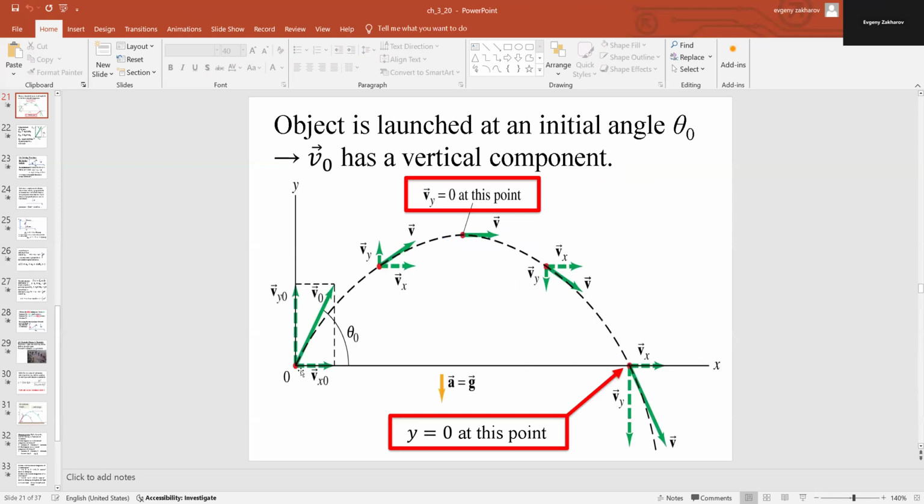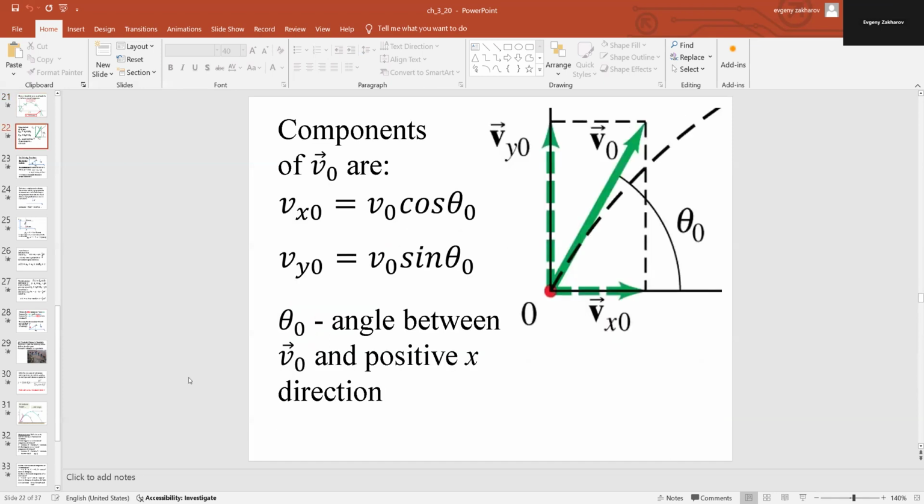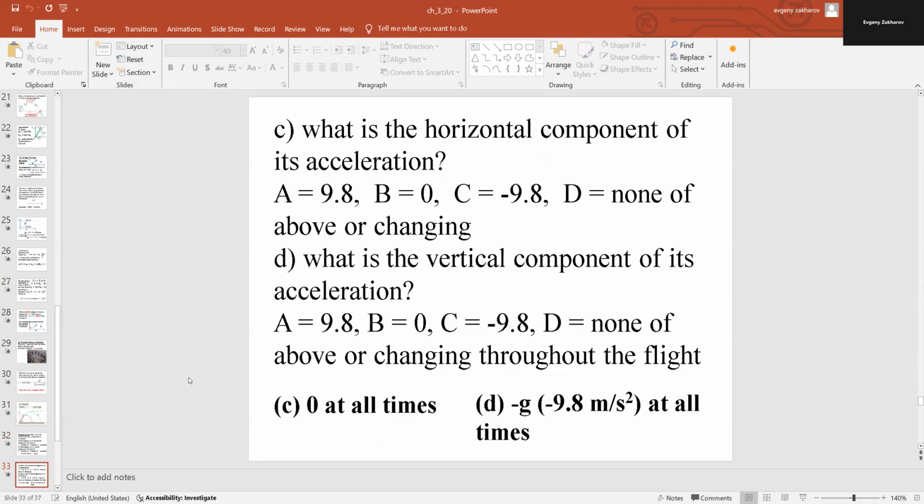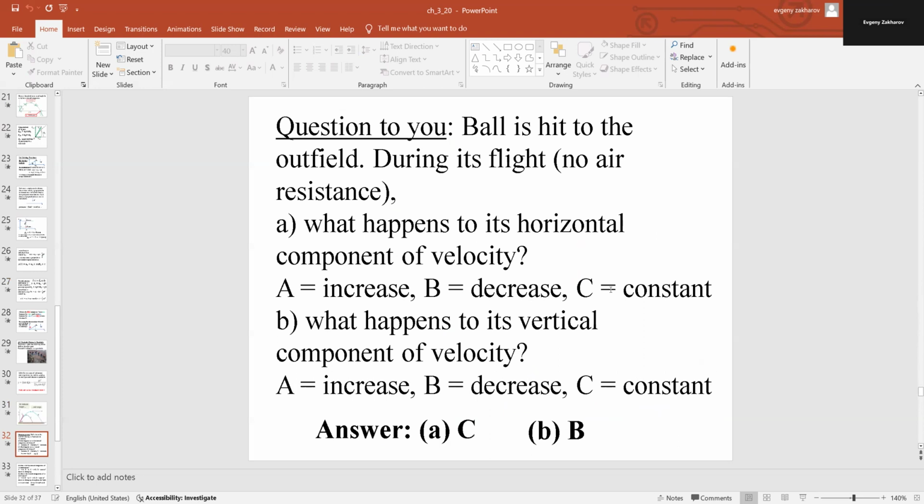See how the x component here is a certain value, and sometime later the length of the vector is the same, and it's still the same, and it stays the same up until it hits the ground. So your x component of the velocity never changes. Once again, why is that so? Because the acceleration vector is perpendicular onto the x-axis. So the answer is C.